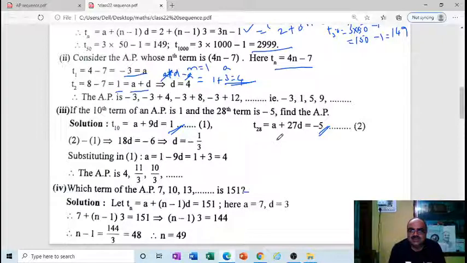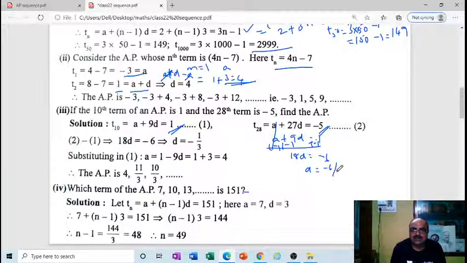Put below this a plus 9d, which is 1. Subtract. It is 18d equals minus 6. d equals minus 1 by 3. We got d here.